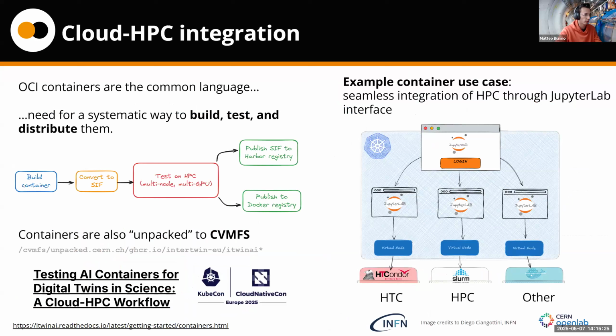We had a talk at KubeCon on this. On the right-hand side, you can see an example of how the Jupyter Lab containers that we are building can be used to offload the computation to HPC and create an interactive session on an HPC compute node through interLink.